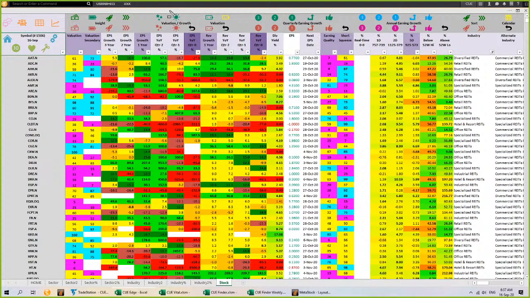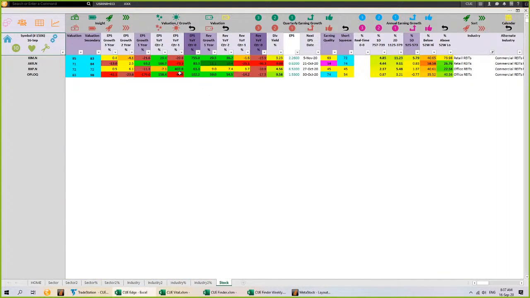For that, I will use this button. But let me first try to find stocks that are undervalued as well as having earnings growth. Not sure if we find them. I can see some, but let's click the button. We now have only 4 stocks in the S&P 1500 that are undervalued with high earnings growth, and they are all in the real estate sector.